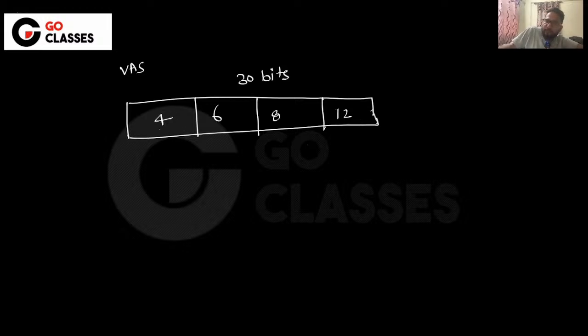What does this 4 mean? 2 power 4 entries in each chunk. What does 6 mean? 2 power 6 entries in each chunk.